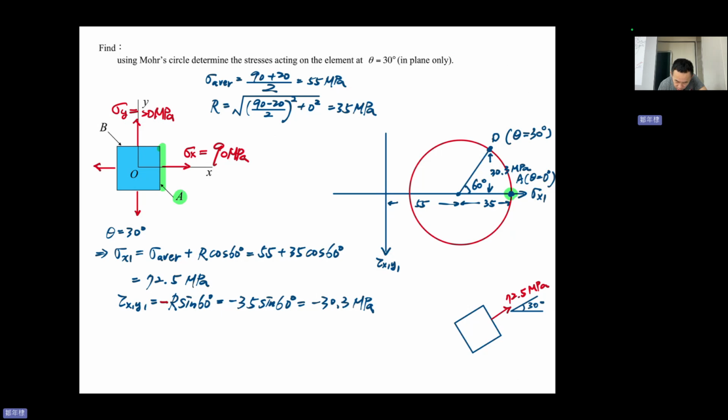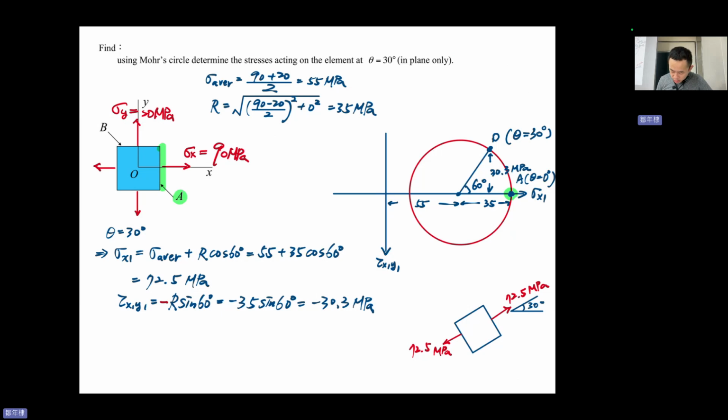And of course, the opposite side, you will have 72.5 MPa. Okay, so x1 direction, we have done that.